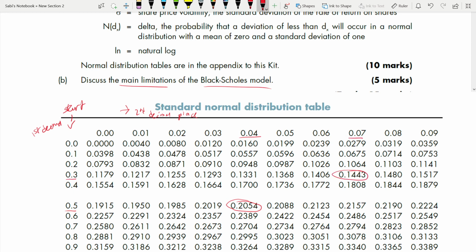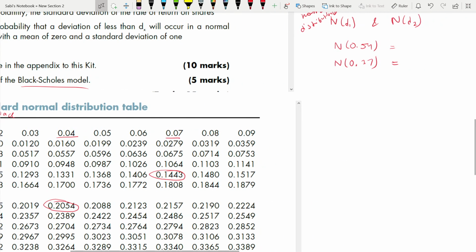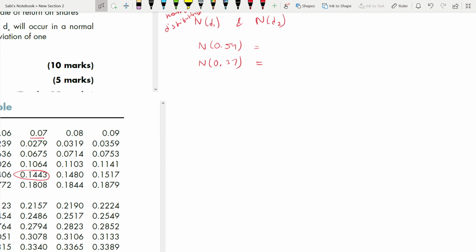If you see both the numbers, just write both the numbers here. 0.2054 plus 0.1443, you have to add 0.5 to both. Why is that? Because both these numbers are positive numbers, they are more than 0.